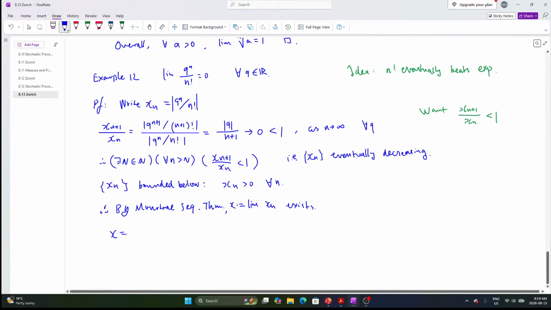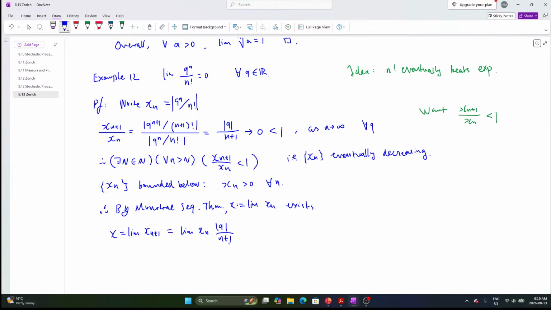Let's move on. Just use the same trick. Okay, you have the limit of xn plus 1 also equals x. So that's the limit of xn times absolute value of q over n plus 1. Okay, use the limit law. That's the limit of xn times the limit of absolute value of q over n plus 1. Oh, but that's just 0. It's just x times 0, so it's just 0.